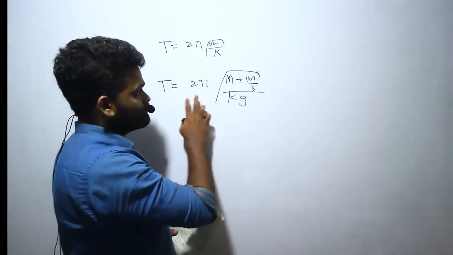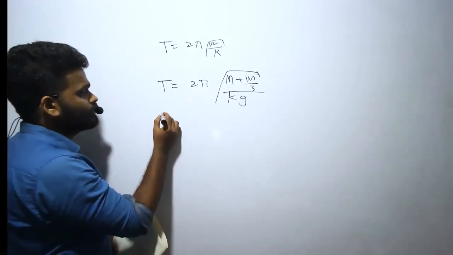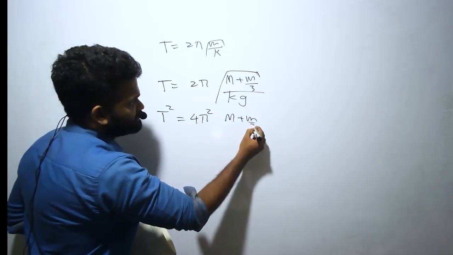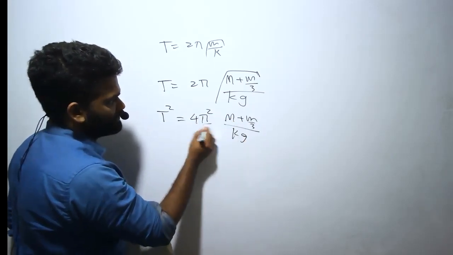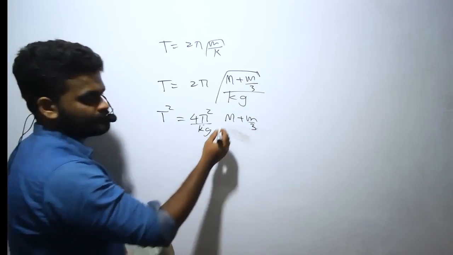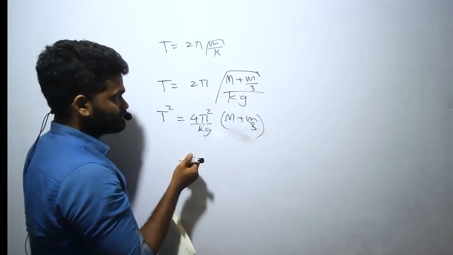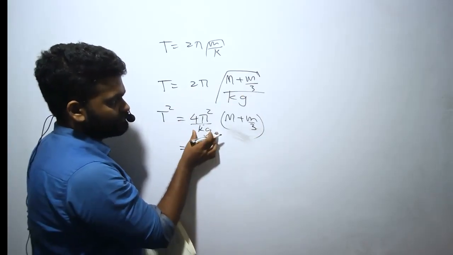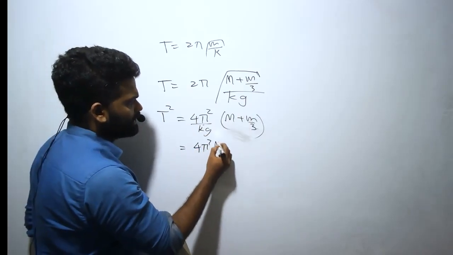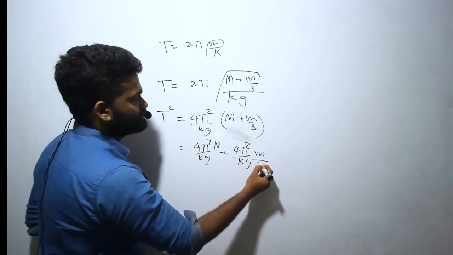Then all you have to do is arrange this in order to draw a graph. So what do we do? You make it squared. 4 pi squared, m plus M divided by k g. Put g here. You square this and put the g here. Then bring out the brackets. 4 pi squared capital M divided by k g plus 4 pi squared m over 3 g.